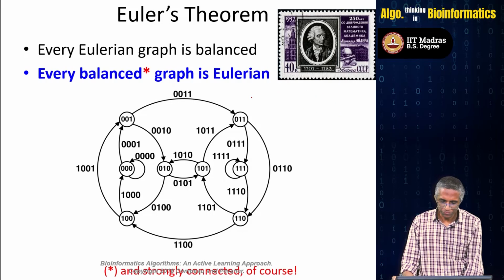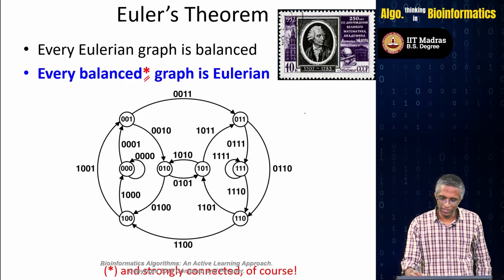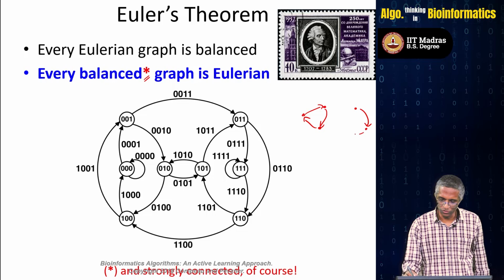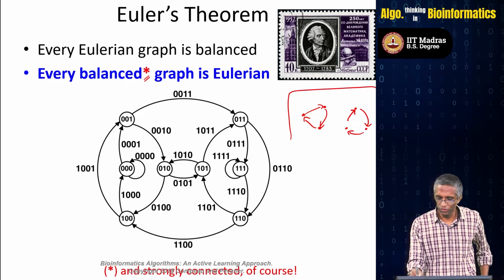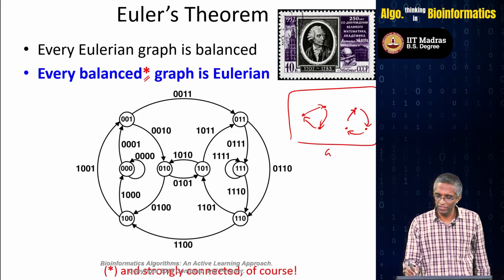Okay. And of course, there are some criteria that you cannot have graphs like this. Let's say you have a graph with 3 nodes and another 3 nodes which do not talk with each other. This is the full graph. Let's say this has 6 nodes and these 2 cycles with 3 edges each.